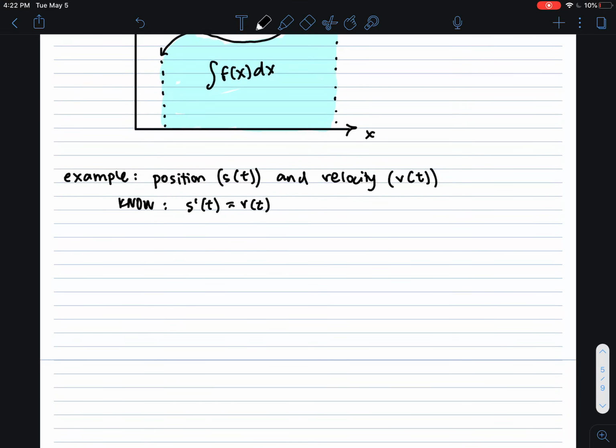And we've also shown that the integral of velocity gives us position. We did that in the last video. And so let's think of a practical example where we're driving a car and see if our normal ideas of driving a car and distance follow these rules.